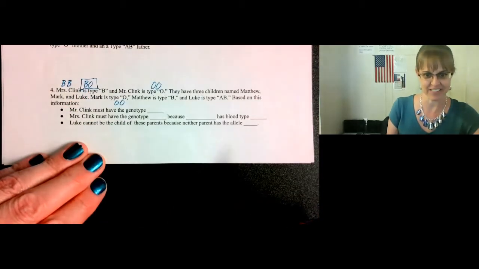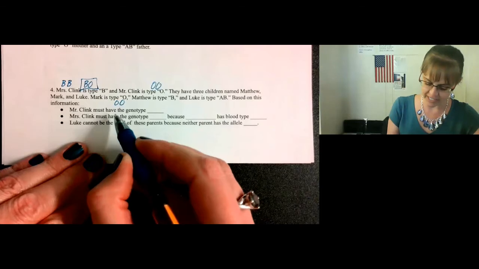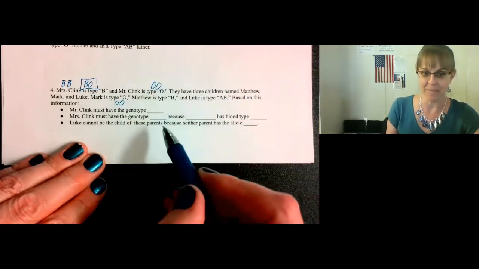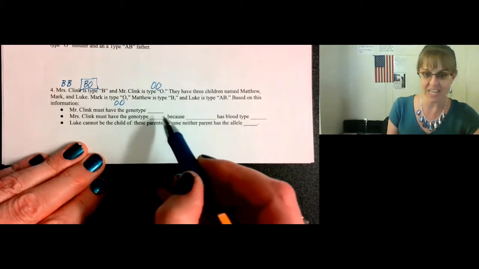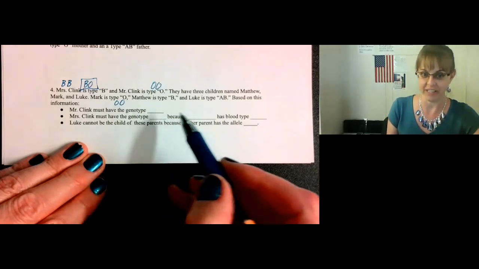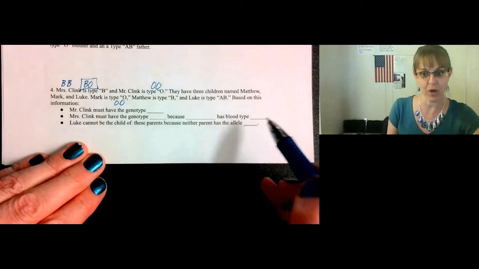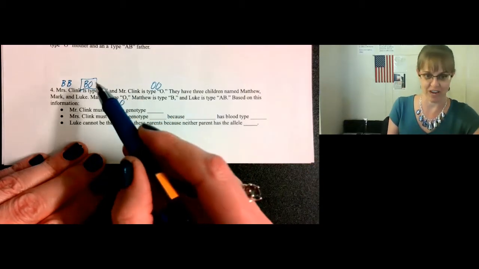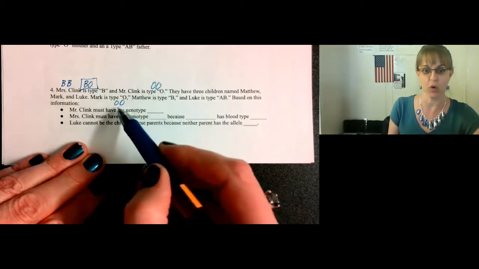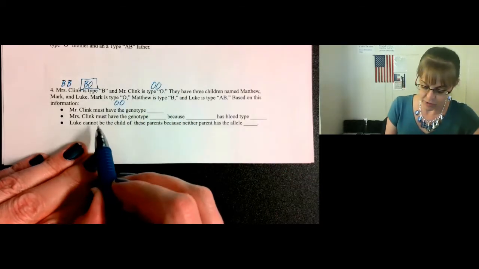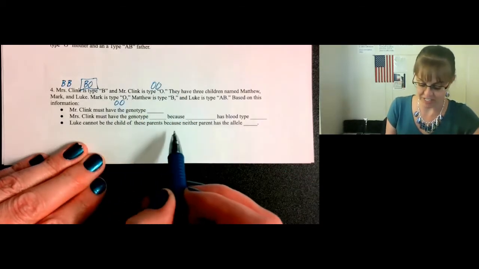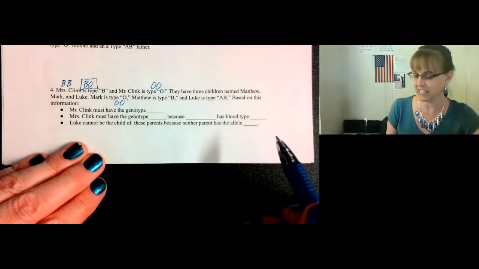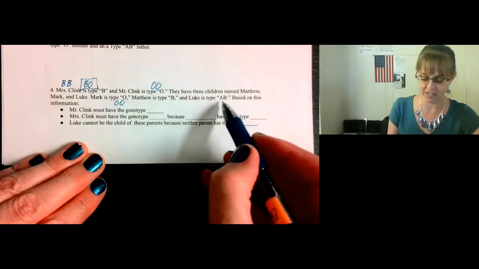See how that works? So Mr. Klink must have the genotype OO. Mrs. Klink must be BO because Mark has blood type O. And that can only happen if each parent can pass on the O gene. Luke cannot be the child of these parents because neither parent had what allele that was passed on to Luke.